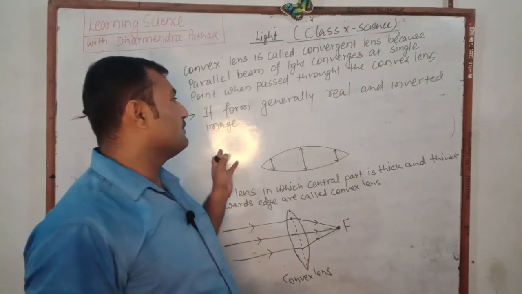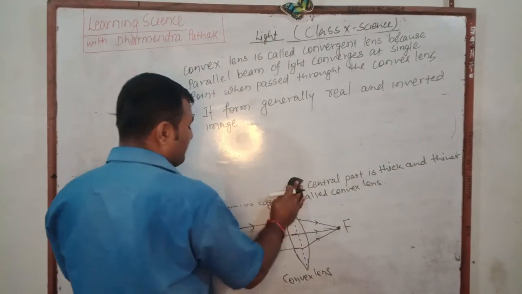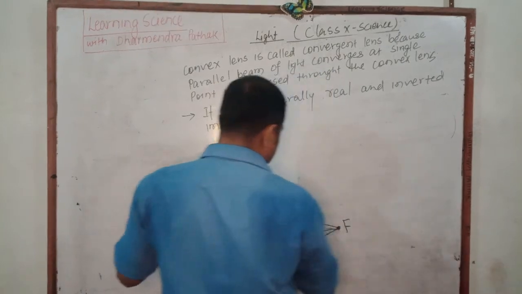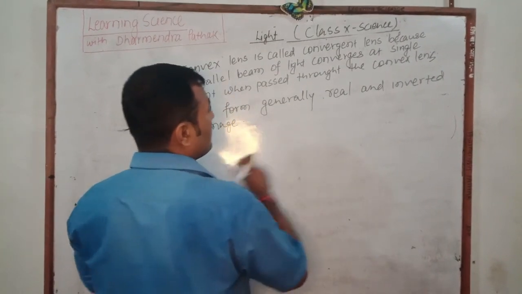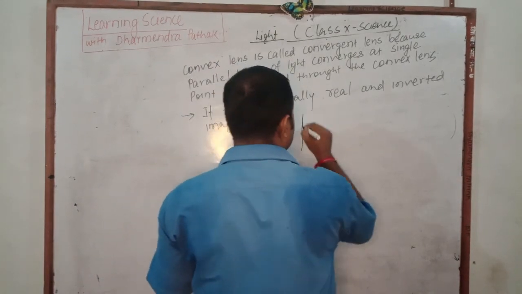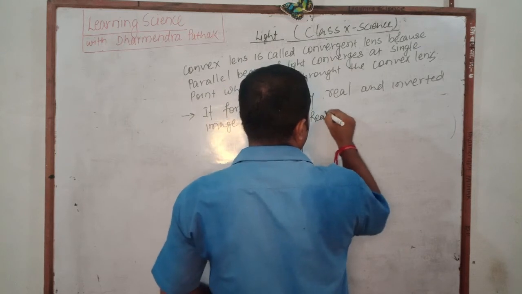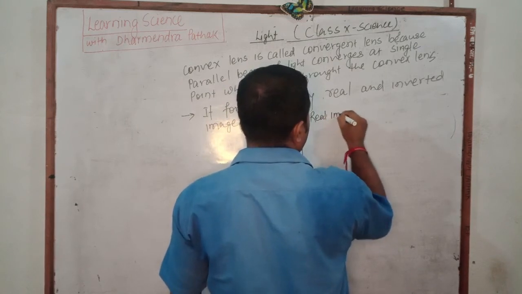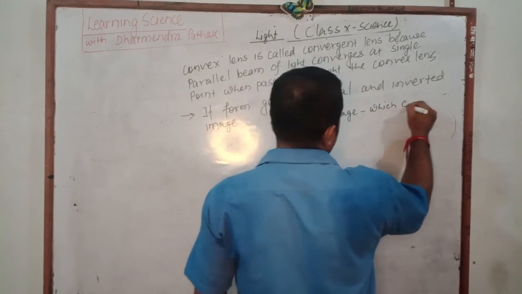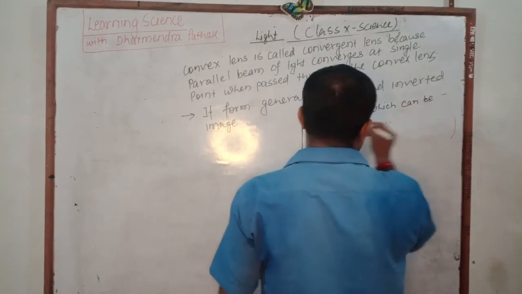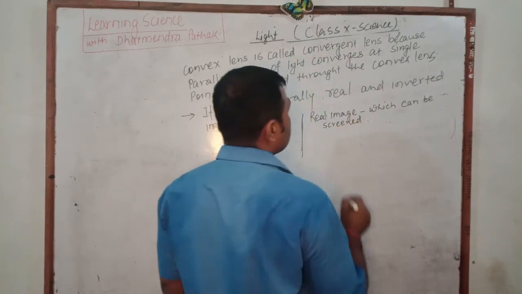Generally a real and inverted image is formed. An image is called real which can be taken on a screen, or which can be screened.